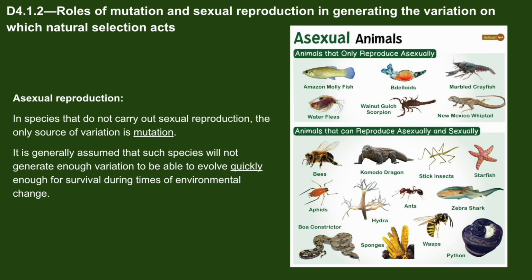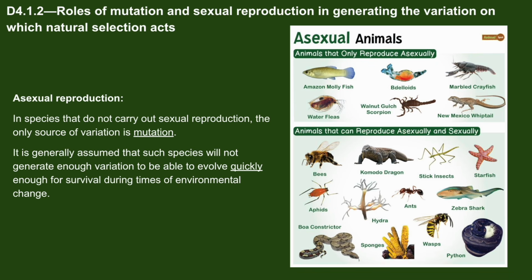While sexual reproduction involves two different individuals, each having their genes and then recombining to form a different offspring, asexual reproduction is when an organism basically clones itself. And so its offspring is an exact genetic copy of itself. And so the only source of variation is going to be that random mutation that might occur.